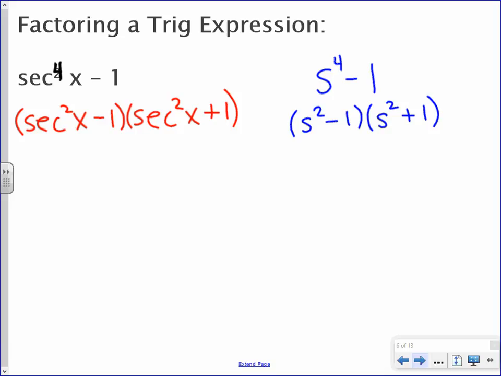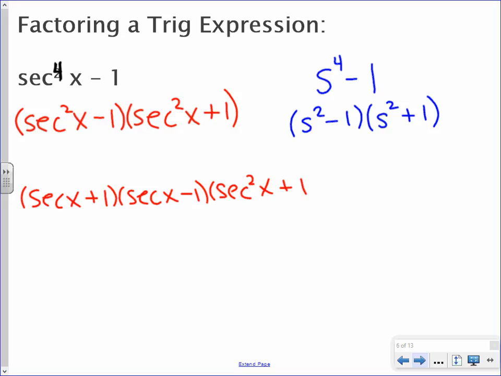Factoring it further. Now, if all I was asking you to do was factor, yes, we could go ahead and factor this to secant x plus 1 times secant x minus 1, and then we have secant squared x plus 1. Yes, we could do that.